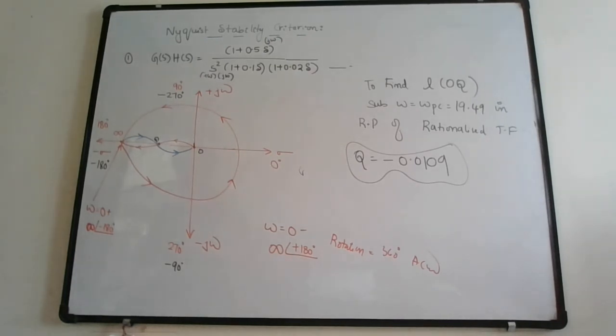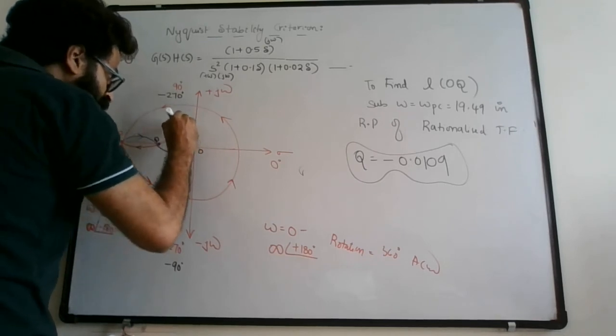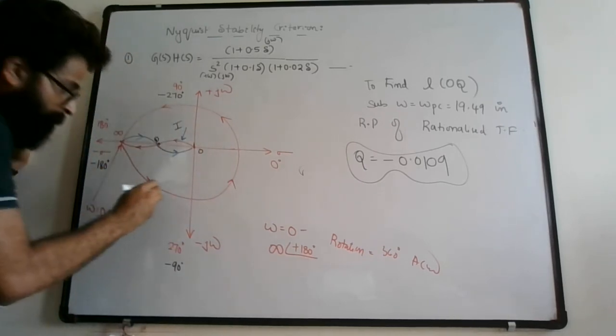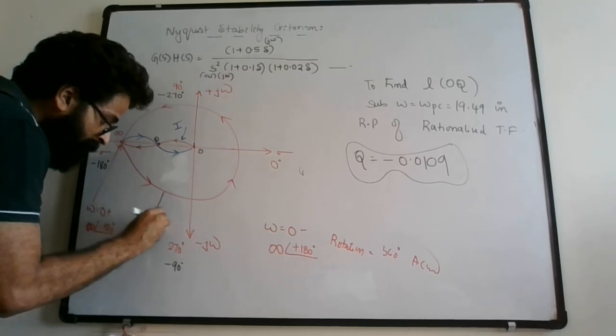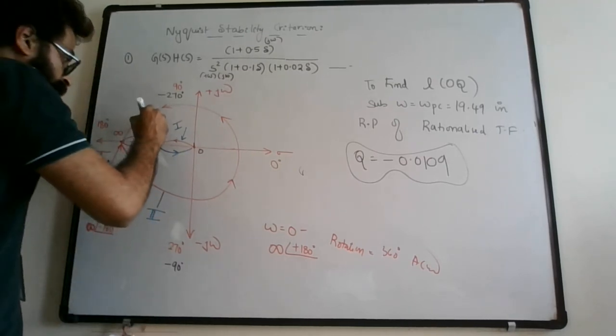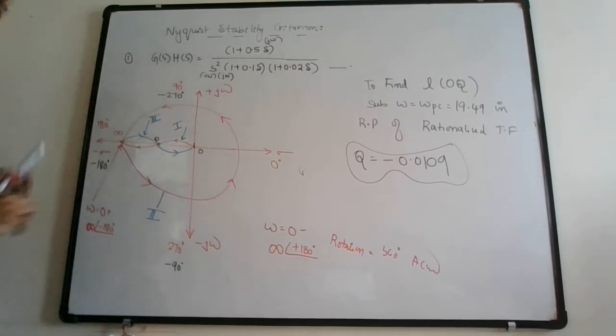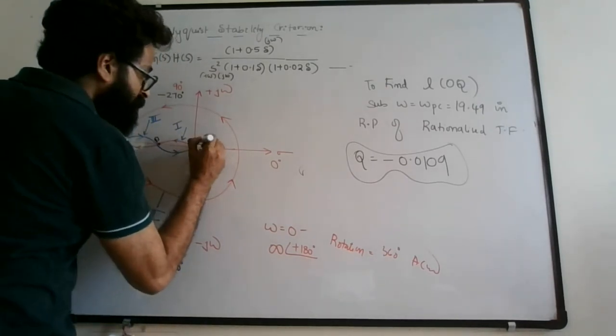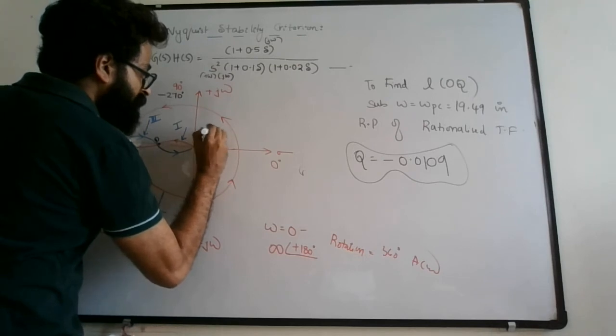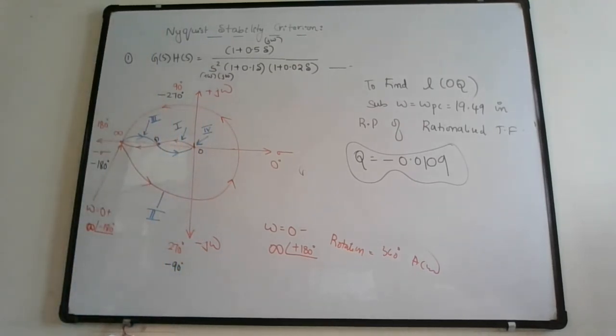So let me write this as section 1, this as section 2, and the blue one is section 3. What is section 4? Section 4 is minus infinity to plus infinity. So either plus infinity or minus infinity, magnitude is 0. So section 4 is basically the origin. Okay. So this is the Nyquist plot.